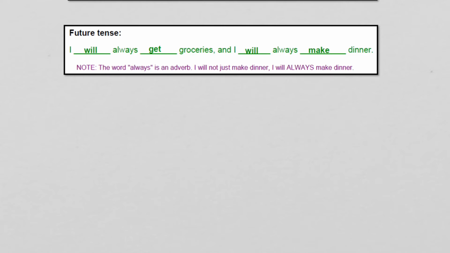So in the future tense, remember, you'll have to say will get or will make. And that's actually a verb phrase because it's more than one word to make up that verb, right? So you would call that a verb phrase. And what we end up doing is we end up splitting up that phrase, right? We have will always get, will always make. I will always get groceries, and I will always make dinner.